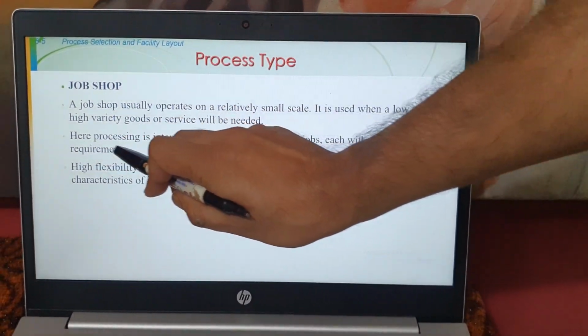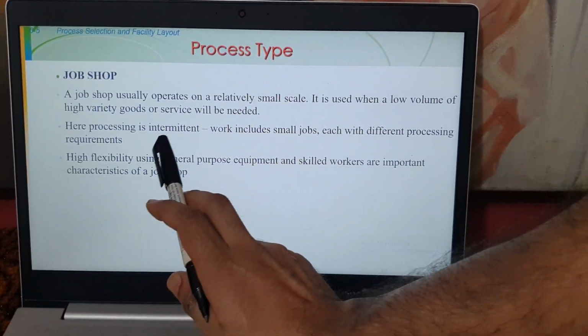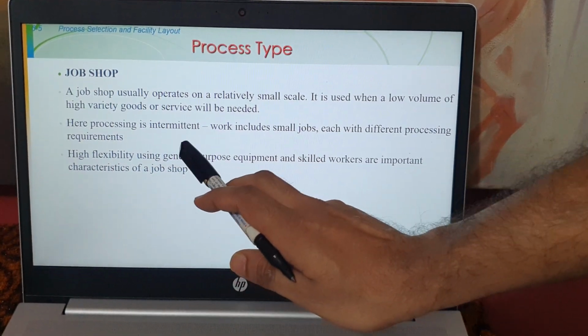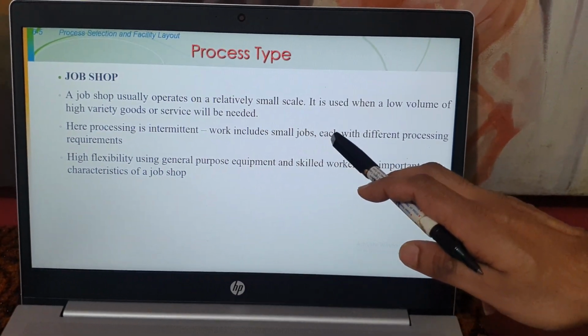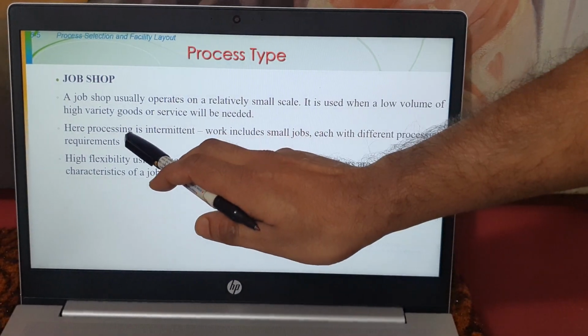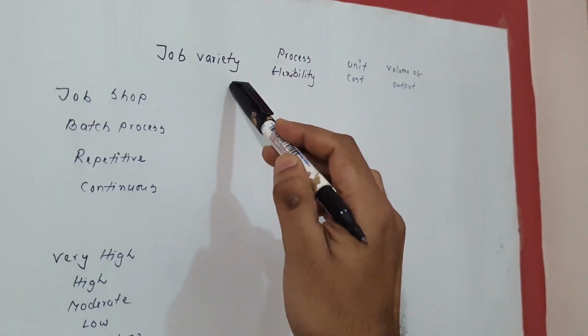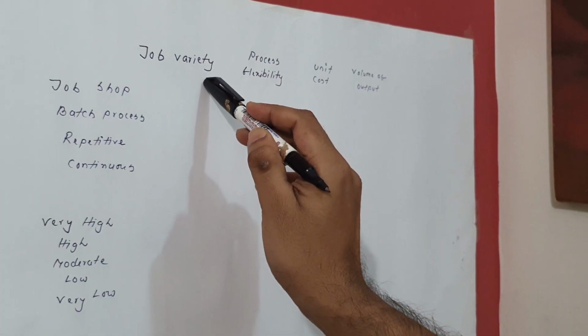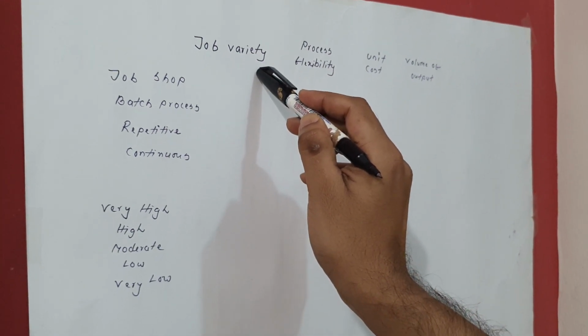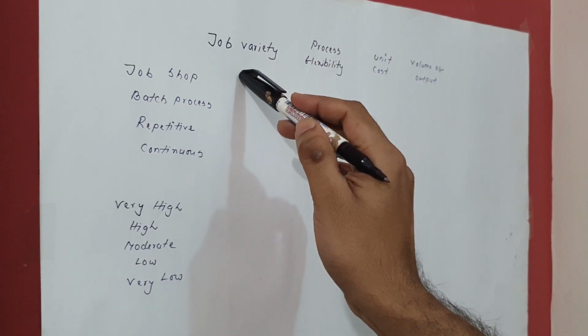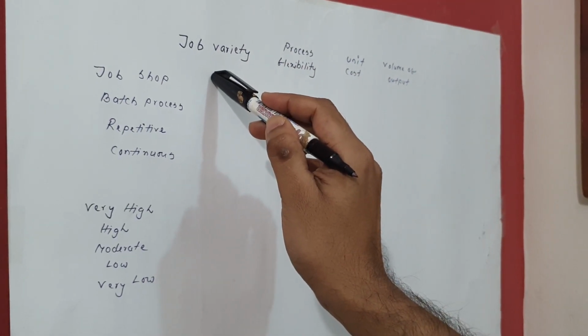If you look at the second statement, it says processing is intermittent. What that word means: work includes small jobs, each with different processing requirements. So if you look at this matrix, we have job variety. The different processing requirements mean job variety is available there.